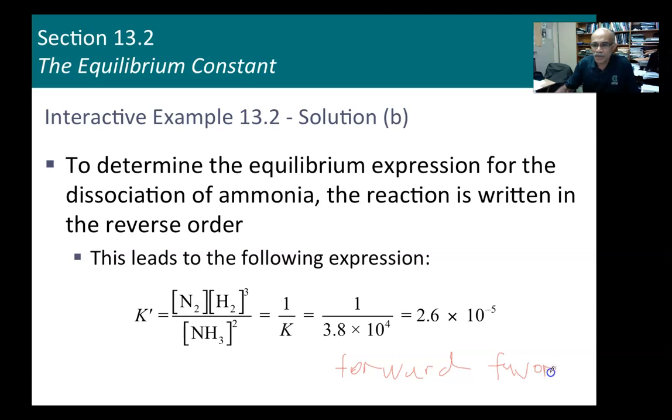I have to get used to this screenwriting. So forward is very much favored, whereas the reverse is less favored. So we'll look at that in terms of the value of their K's. That's the K value for the forward, which is a huge number, and the K value for the reverse is an extremely small number. So that means the forward reaction is a favored reaction.